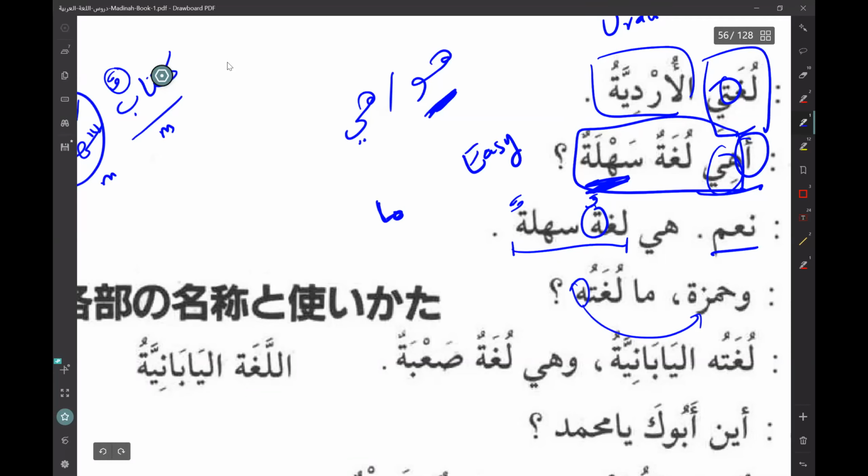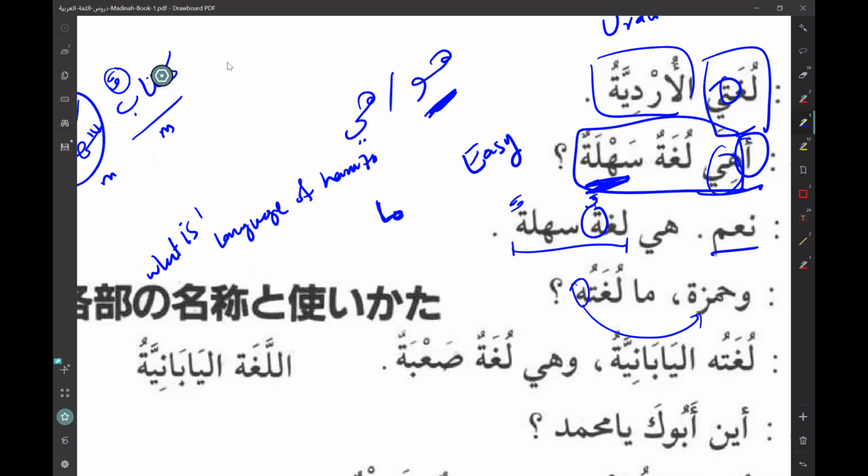Instead of saying, and Hamza, what is his language, you want to say, what is Hamza's language? It's idafa. We should be able to construct this, right? We basically want to say language of Hamza. So, what is the language of Hamza? Ma lugatu Hamza. Yes, excellent.